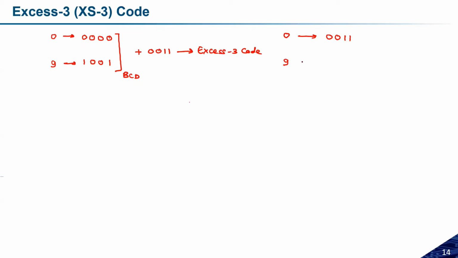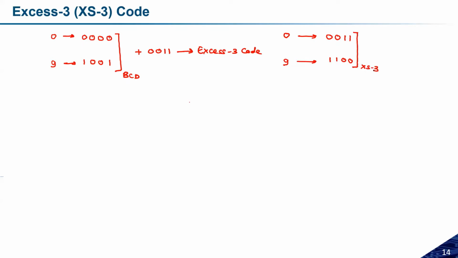After adding these, what will I get? Can anyone comment? If I add 1001 plus 0011, what should be the Excess-3 code for 9? Sir, 1100. Perfect, 1100 is the code for 9 in the Excess-3 code.